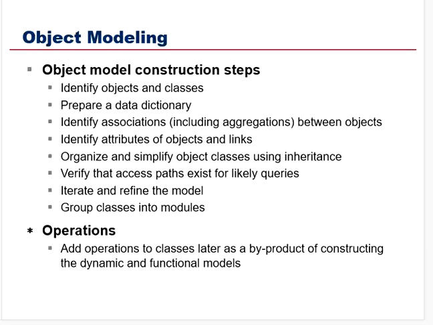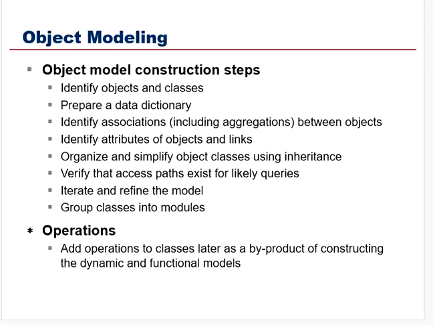Again, we have to understand the different construction steps in the object modeling that we use. There are 8 steps included in the object model construction. The first step is identifying the objects and classes.